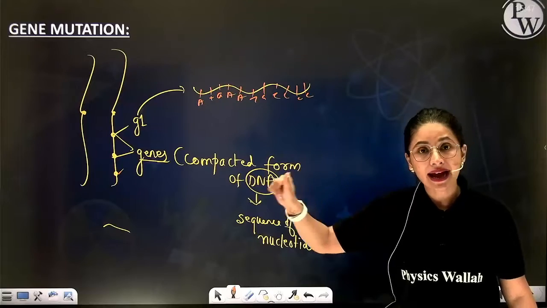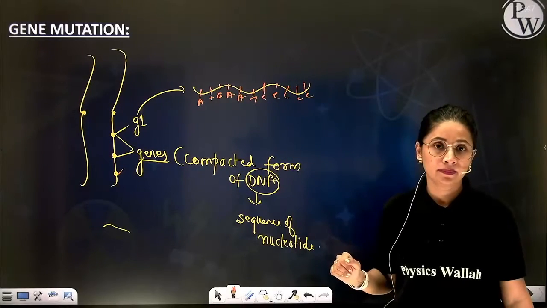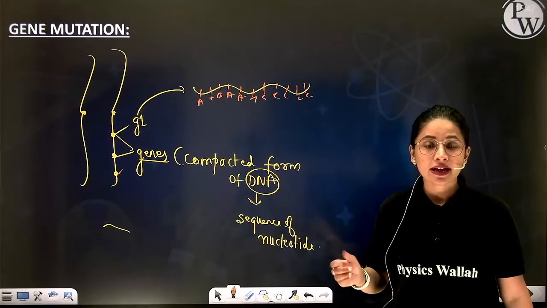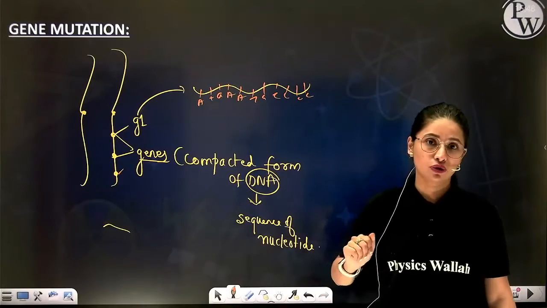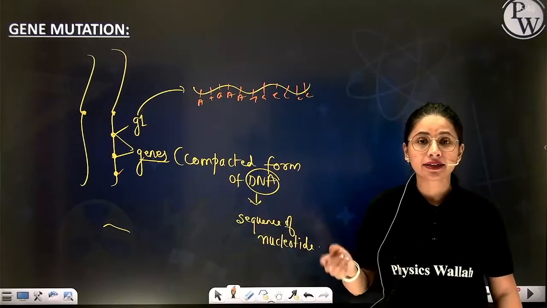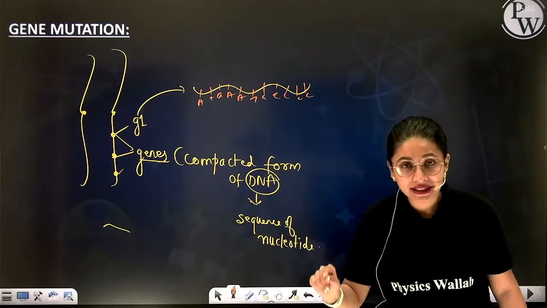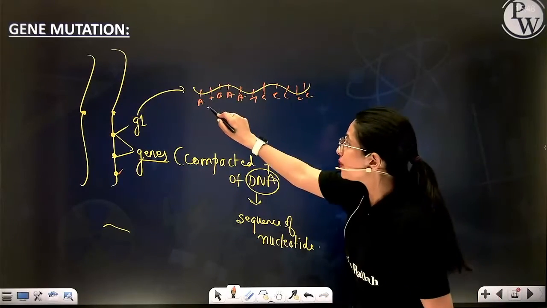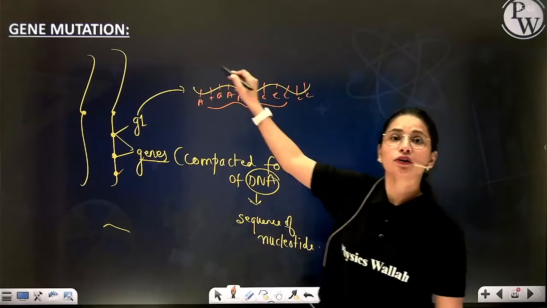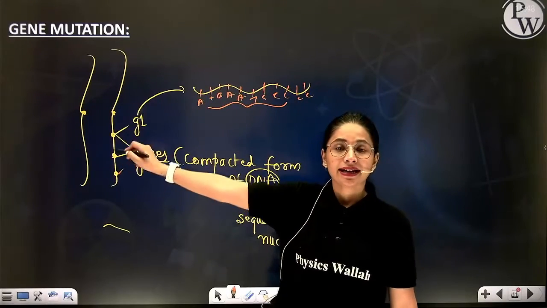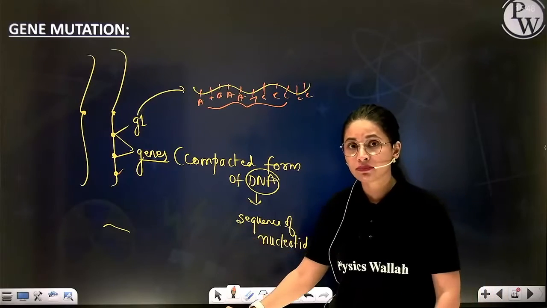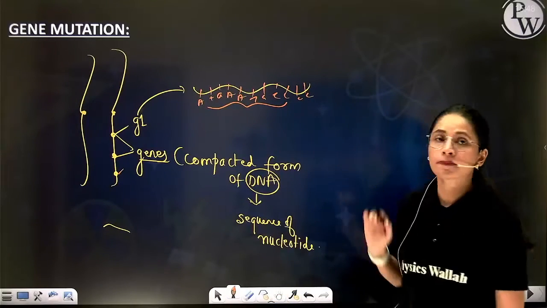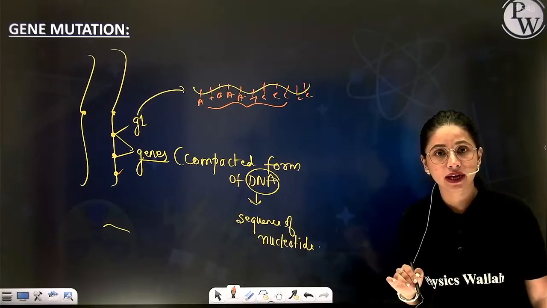Now, what happens in gene mutation? Gene mutation means when mutation occurs in the gene of a chromosome. And where in the gene? When mutation occurs in the sequence of the nucleotides of one gene, then it is known as gene mutation. Suppose a normal gene 1 should have this arrangement of nucleotides.